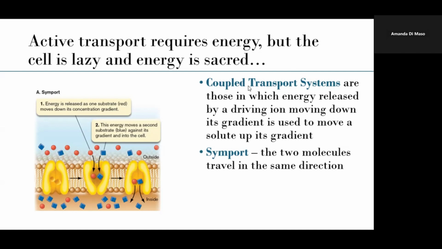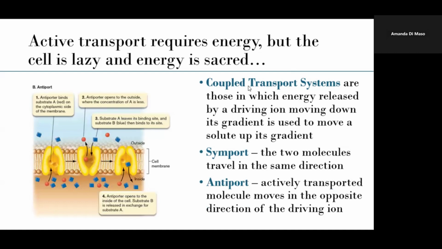So we couple the transport of something against its gradient with the transport of something with its gradient, and they're both going in the same direction in this case. So the two molecules will travel in the same direction, into the cell or out of the cell, both the same way. And we just use these transporters that don't require the use of ATP or any other type of energy source other than the flow of the red down its gradient.